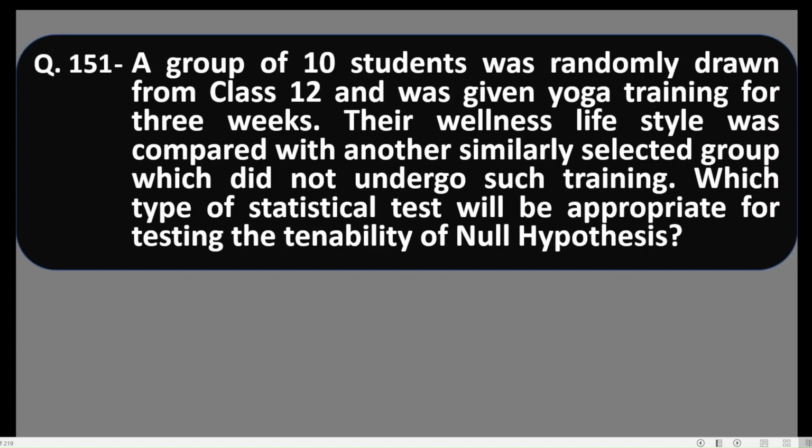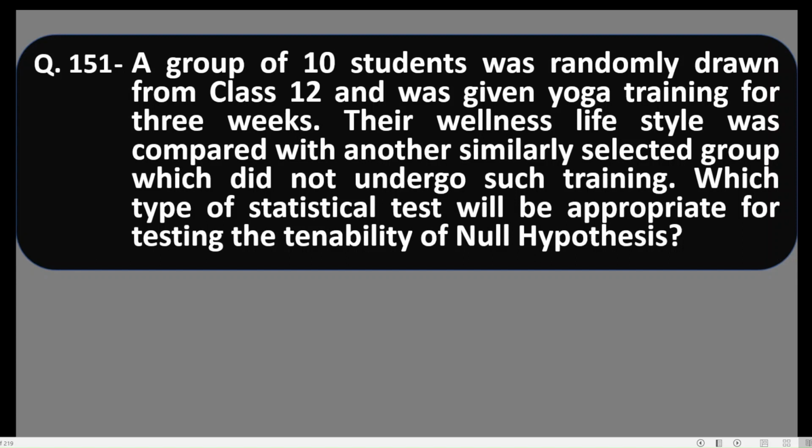Which type of statistical test will be appropriate for testing the tenability of the null hypothesis? Friends, here two groups are selected independently. The first group was selected randomly and the other group is also selected randomly. One is given yoga training and the other is not. Then their wellness lifestyle was measured and compared.